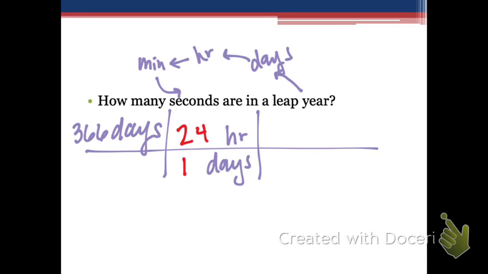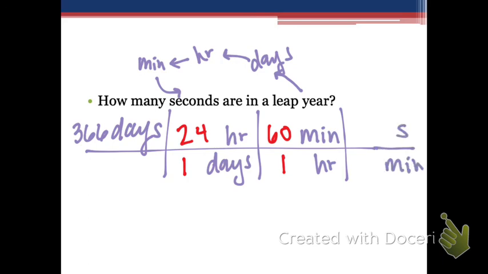I'm going to get rid of hours by putting it on the bottom, and I'm going to go to minutes. That's the next step in my path I drew out up here. So 1 hour is equal to 60 minutes. And then I'm going to keep going and get rid of minutes and go to seconds. I'm going to tell in 1 minute how many seconds.